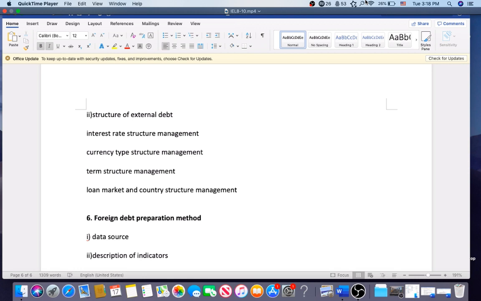So the next management way is to manage the foreign currencies type structure.